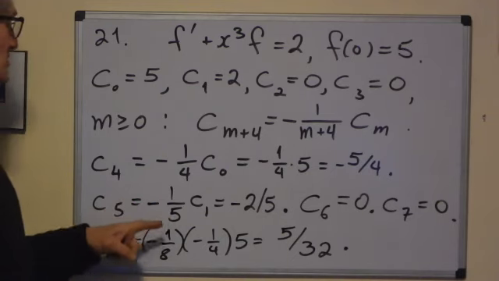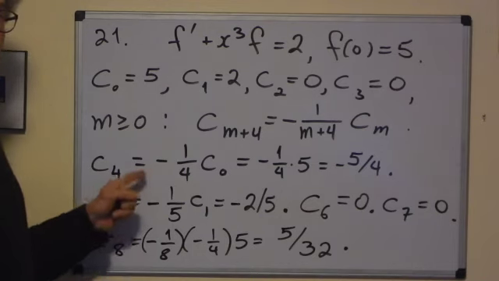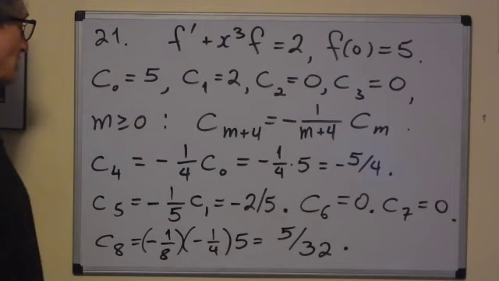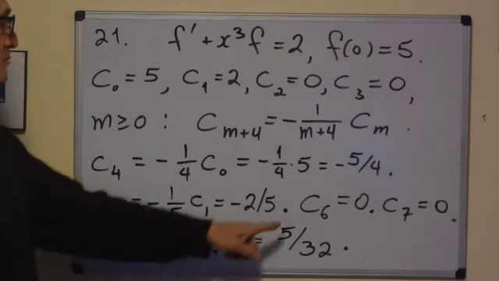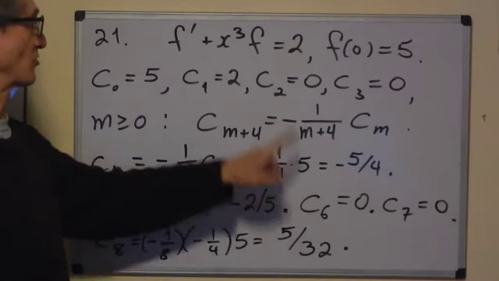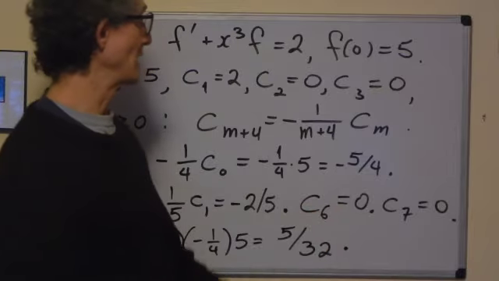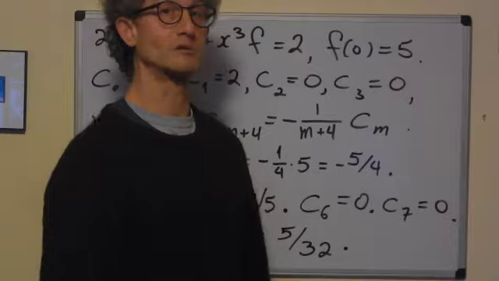The next one will have minus 1 over 9, and so on. Again, a little harder to describe that particular pattern, but there is a pattern. And of course, for any multiple of 4 plus 2, the coefficient will be 0, and for any multiple of 4 plus 3, the coefficient will also be 0.